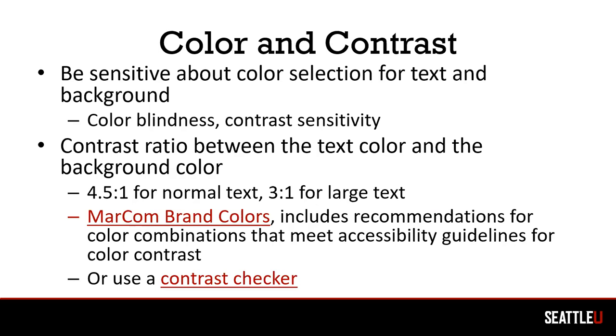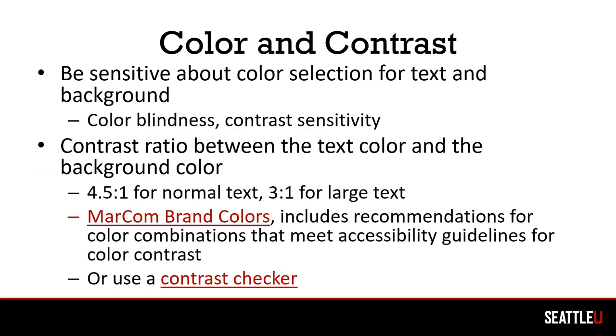So you don't want to use red and green together, for people who have red-green color blindness. And you want to be really careful about contrast sensitivity. There is actually a legal guideline about the contrast ratio between the text color and the background color. For normal size text, the contrast ratio is supposed to be 4.5 to 1. For large size text, the contrast ratio is 3 to 1.